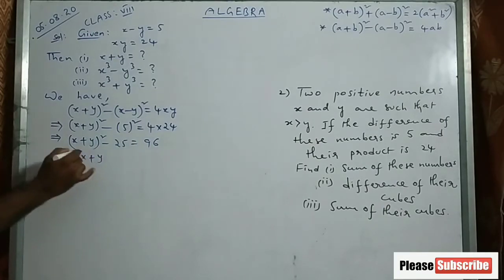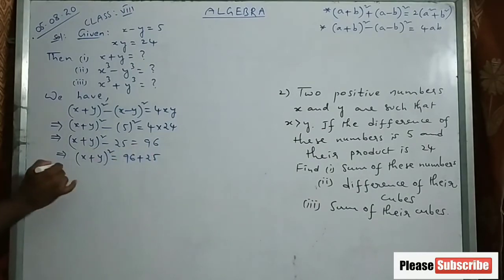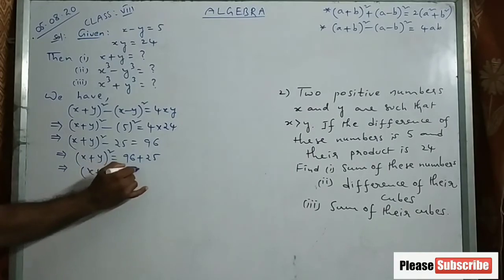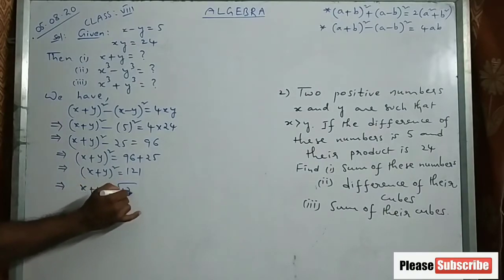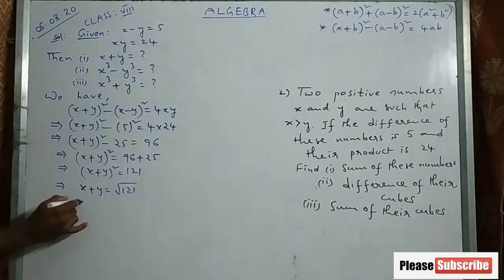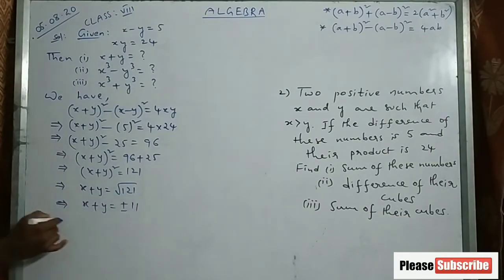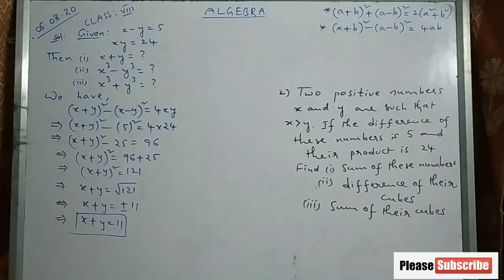So x plus y whole square equals 96 plus 25, which is 121. x plus y equals square root of 121, so x plus y equals plus or minus 11. We take only the positive value here, 11. So the first one is x plus y equals 11. Clear?